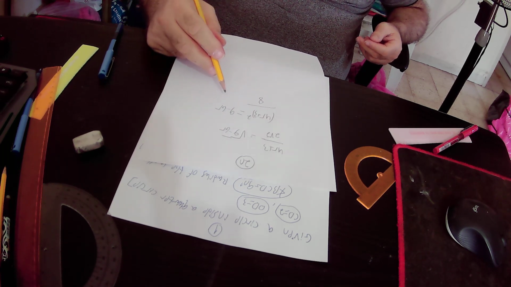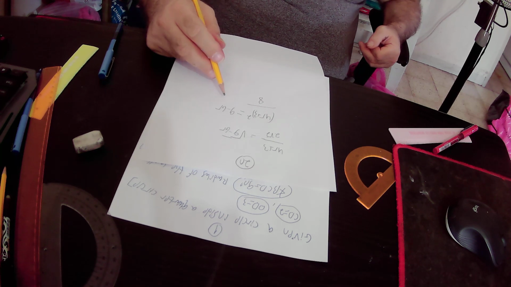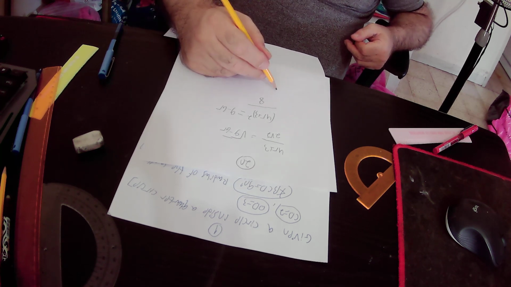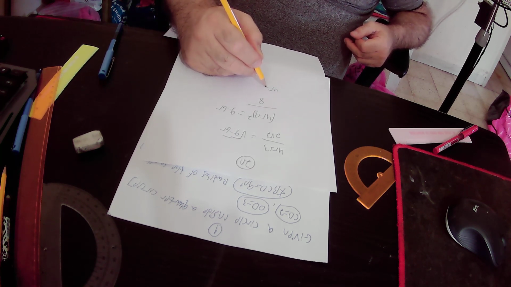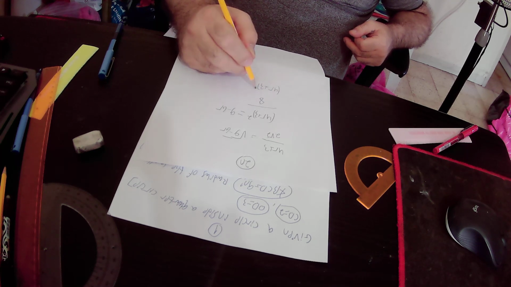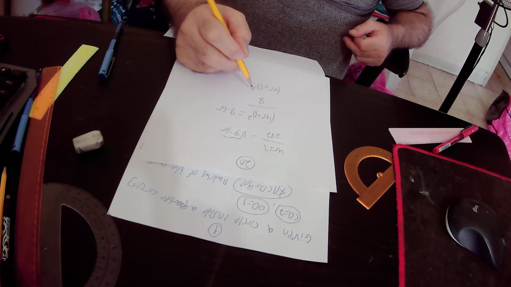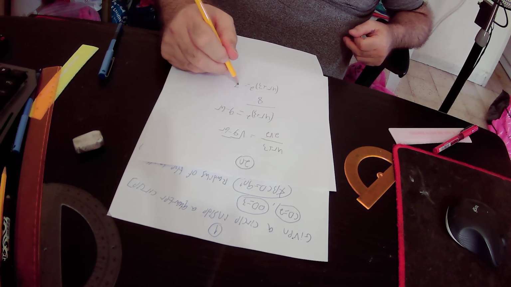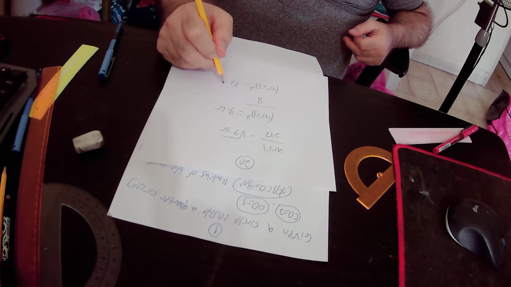So here we will multiply this equality by 8 and we will get that 4r plus 3 squared equals 8 times 9, which is 72, minus 48r.